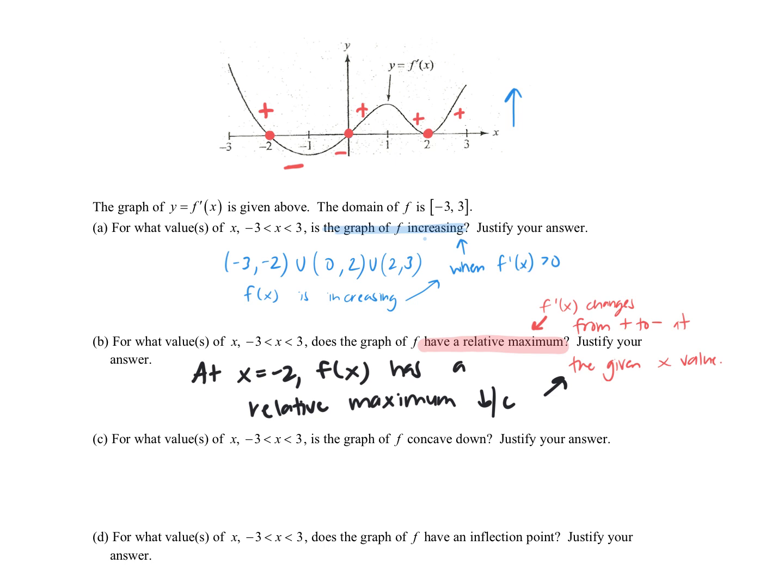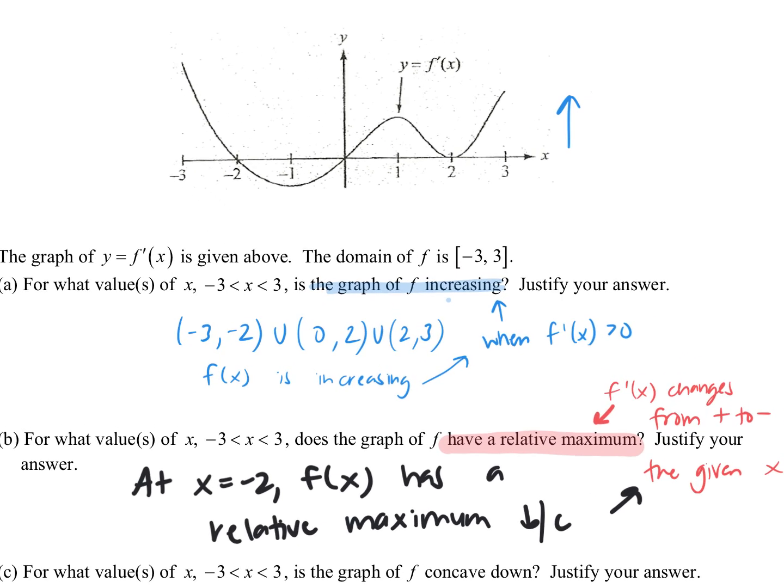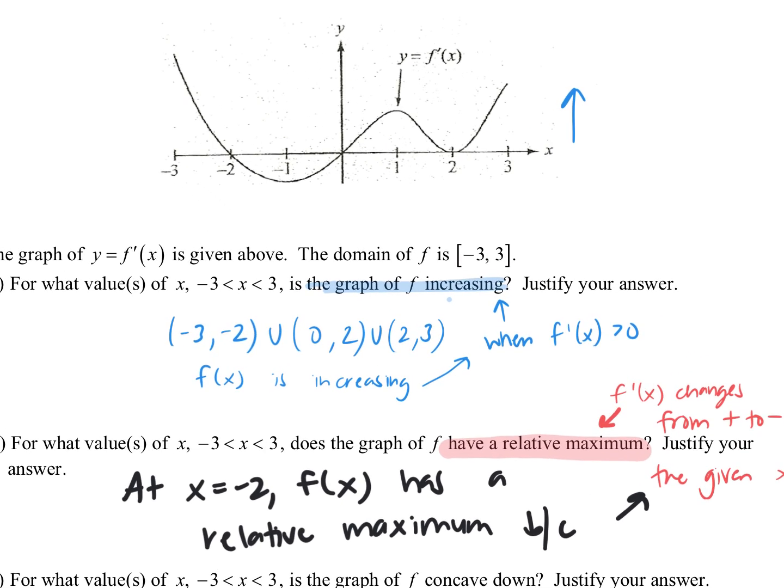All right, letter C. We're talking about concavity now. So I'm going to erase these signs. Go ahead and go through your derivative function and mark all of your positives and negatives for your second derivative. I'm going to go ahead and mark on here the second derivative slopes of this graph that I would get.